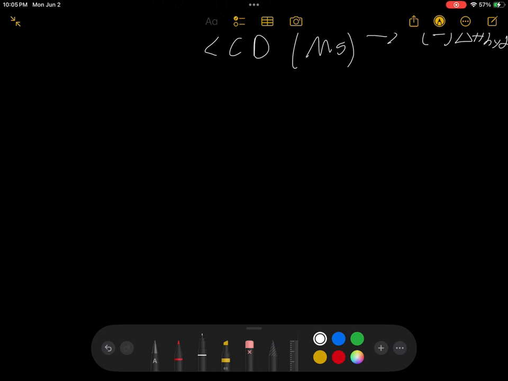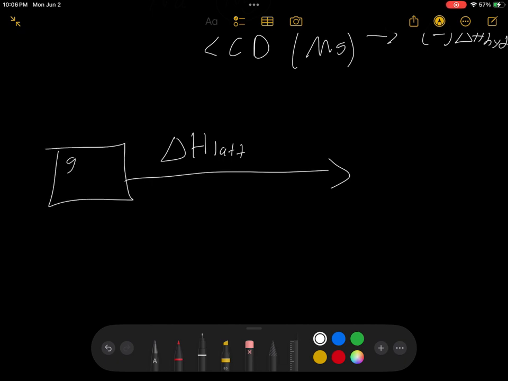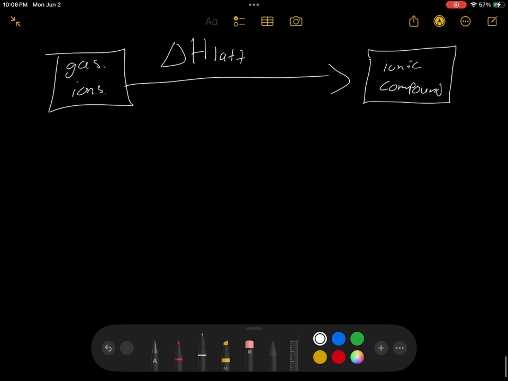All right, so now let's relate all of these, right? I kind of gave a sneak peek of it earlier, but let's look at this. On top, we have delta H lat. As we know, delta H lat is from our gaseous ions to our ionic compound, which is a solid.